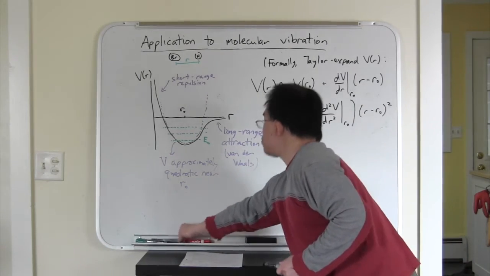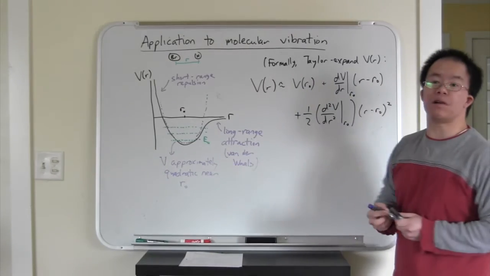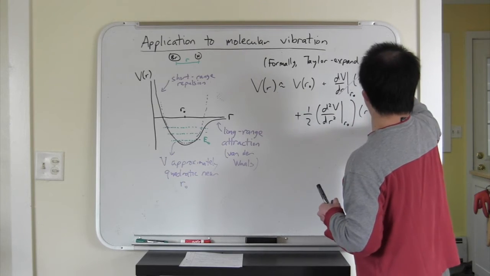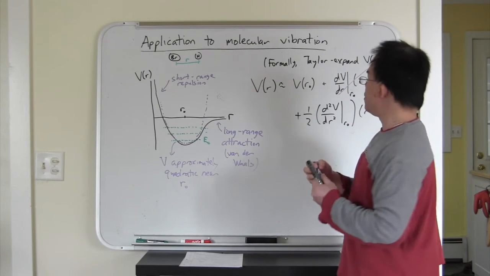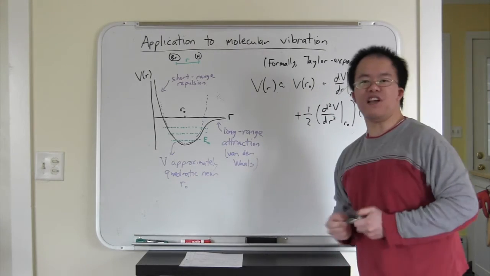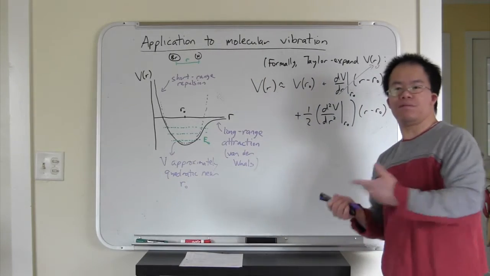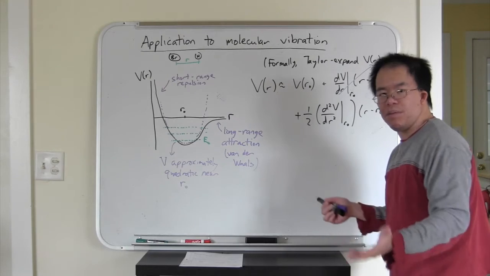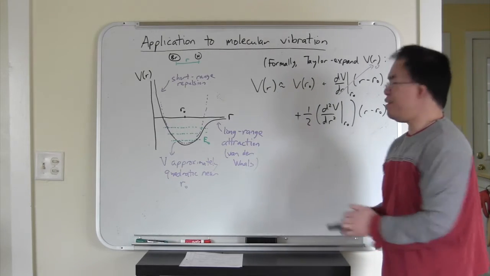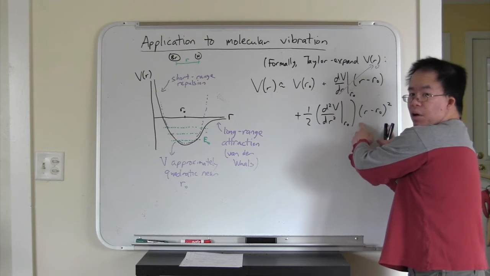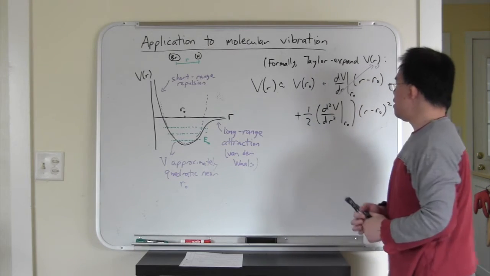So that kills off this entire term here. Aside from this term, which is essentially just an offset, the first non-trivial term in the potential energy is this thing, which is in fact quadratic in r minus r naught.